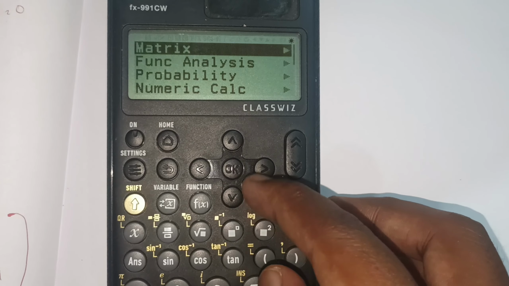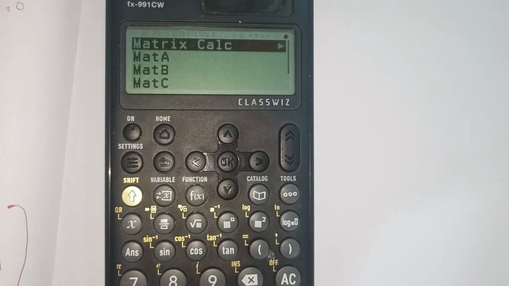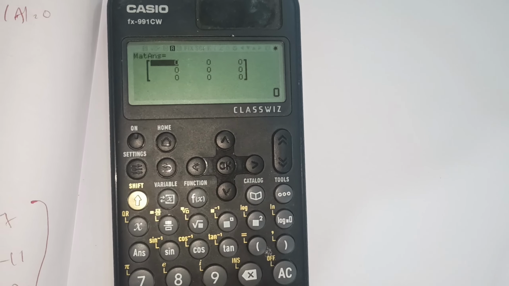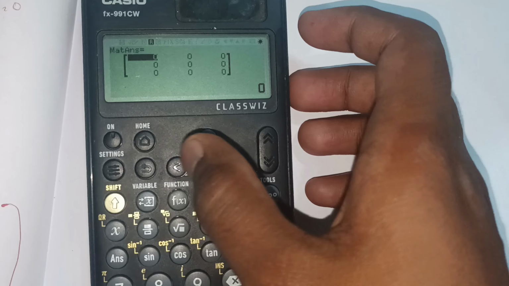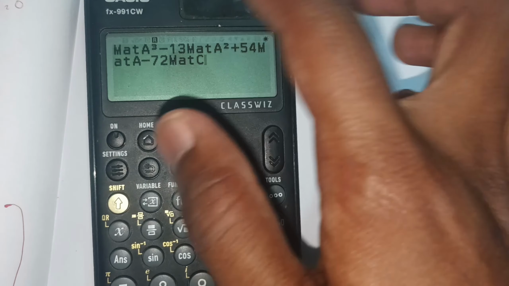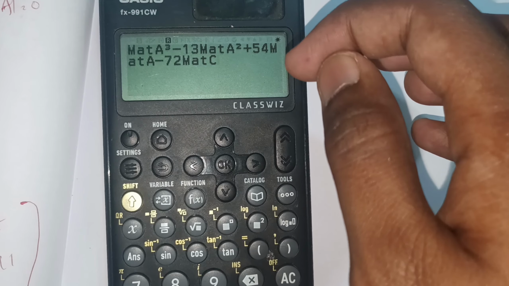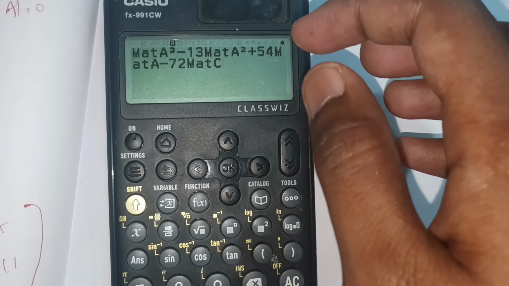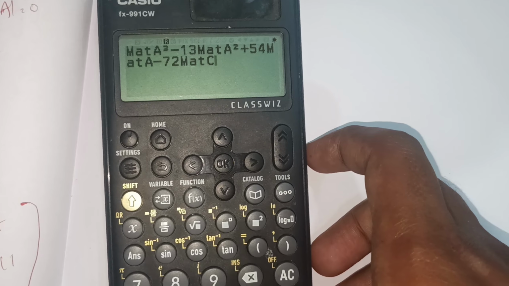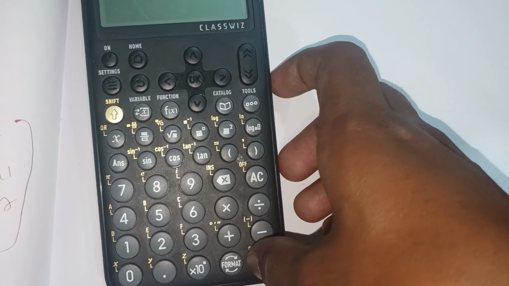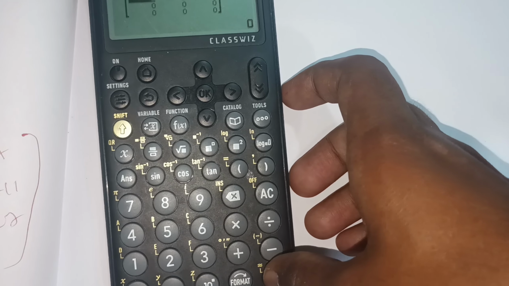So here I am taking matrix calculation again. After applying this, you got it as this. It is getting equal to 0 after executing it. So see, after executing it I am getting the 0 value.